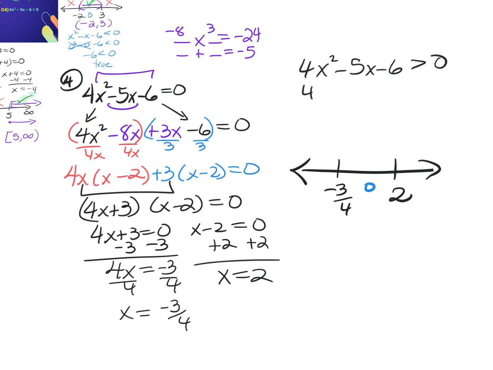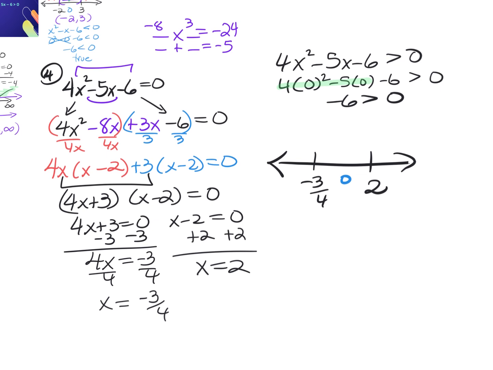Plug in 0. 4 times 0 squared, 5 times 0, minus 6. This is all gone. And then now I'm just left with negative 6 is greater than 0. This is a false statement. So the section that has 0 gets the X. And then the other two sides of that X get the check mark.